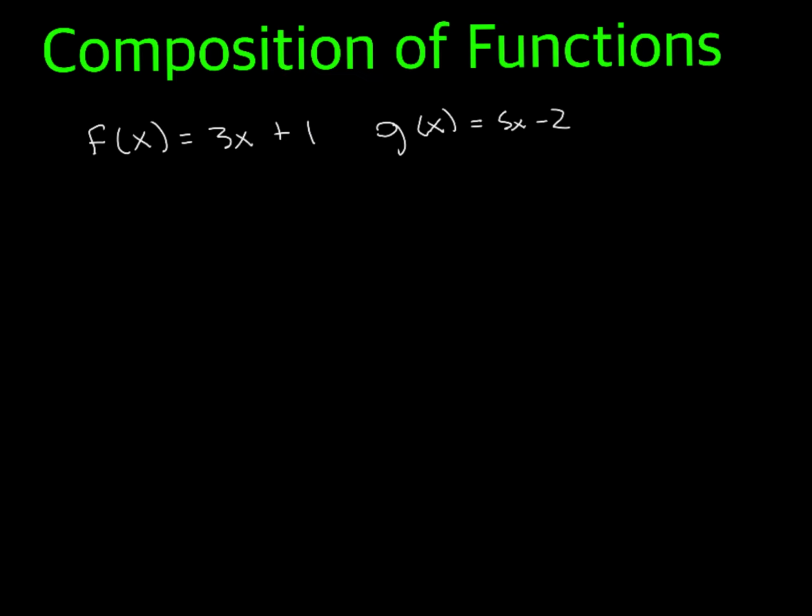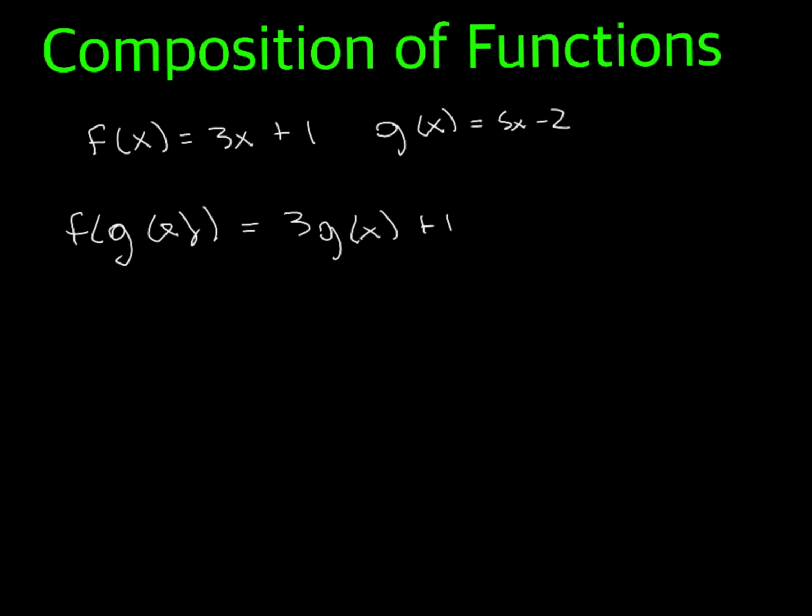Let's go over it. First, we have f of g of x on the left-hand side of our equation. And on the right-hand side, we have f of x, 3, and then instead of putting x here, we put g of x, because remember, the value we're putting into the function is g of x, not just x.